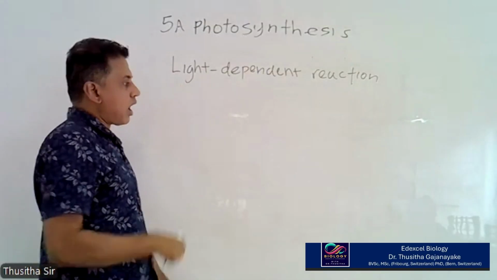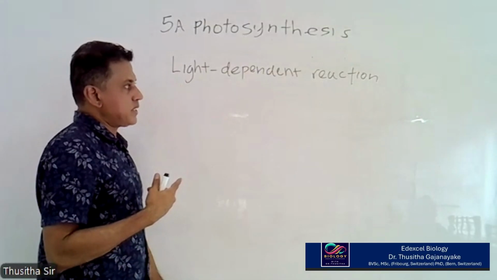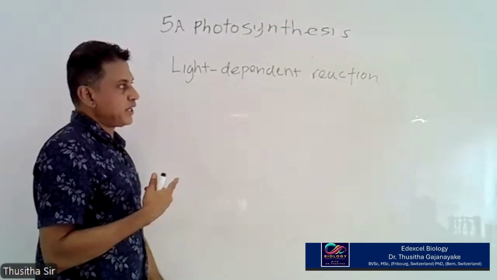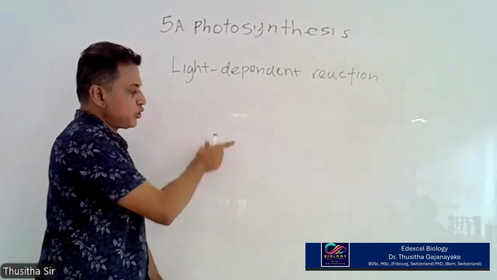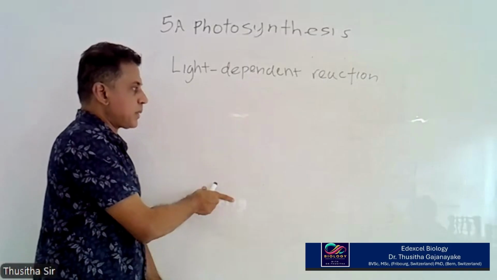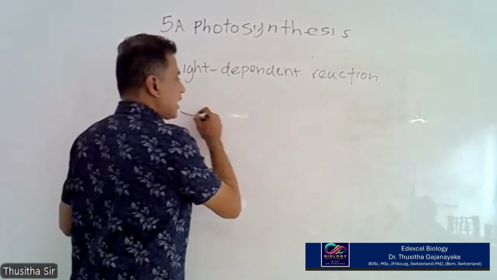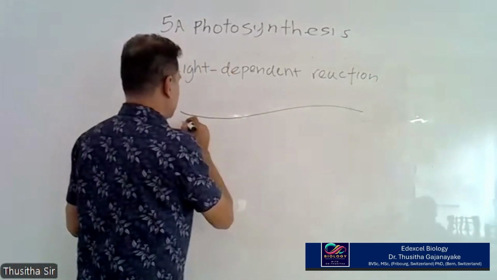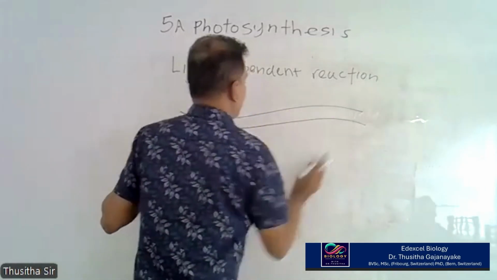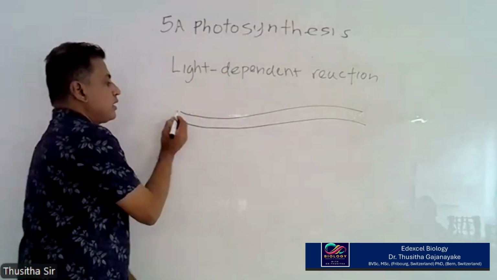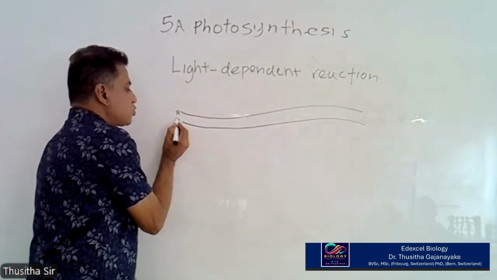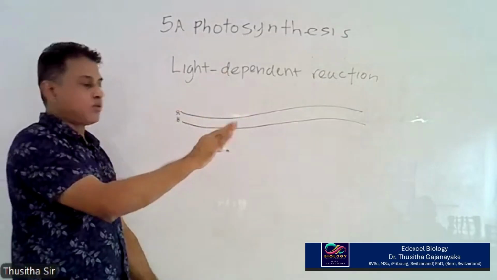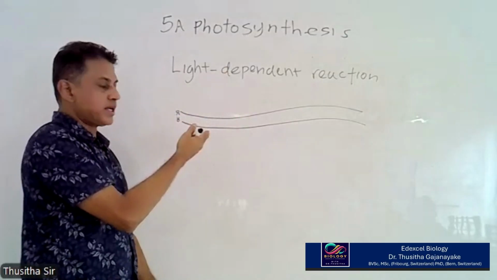I will also show here the complete pathway of electron transfer, and then we take it one by one and learn what is happening at each level. This is the thylakoid membrane. The thylakoid membrane is a lipid bilayer. If I show it here, one phospholipid and two phospholipid, the whole membrane consists of phospholipids and makes a bilayer.